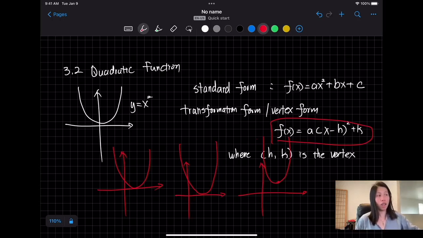Okay, so if you were just given a standard form, how do you find the vertex?